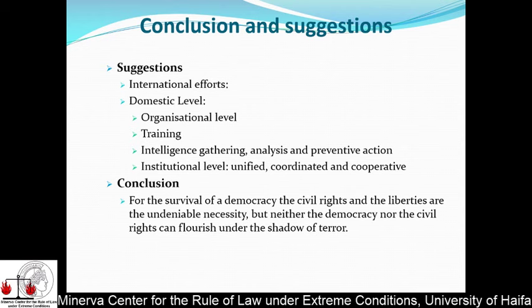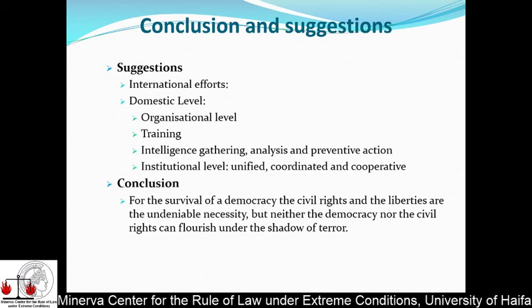That is required. And at the domestic level in India, the organizational level of the policing and security forces still has a colonial mindset that needs to be changed. It takes a long time to take action, and sometimes they take action out of legal bounds.